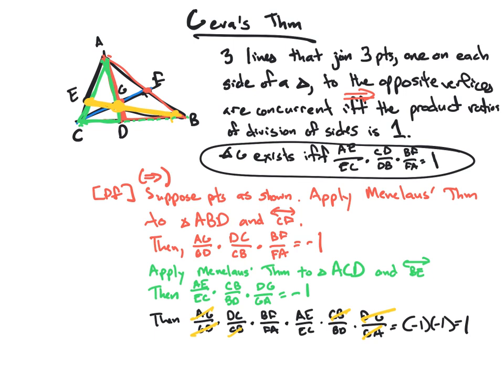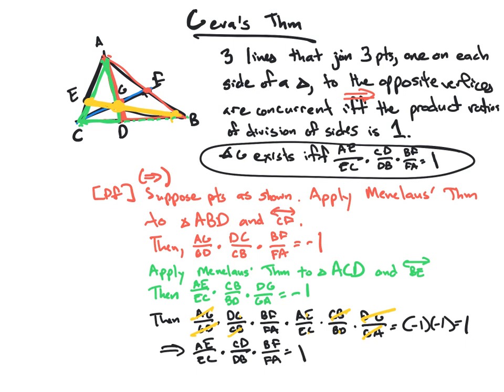We're left with AE over EC, DC or CD over DB, and BF over FA. So we get AE over EC times CD over DB times BF over FA equals 1. And that's what we wanted to show.